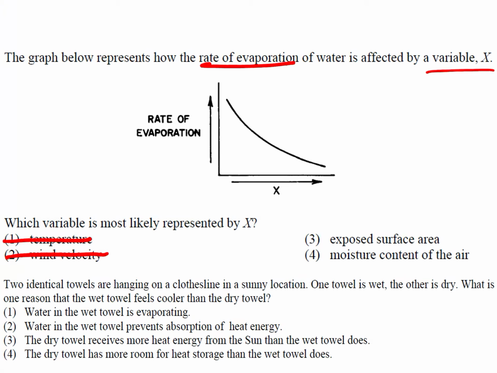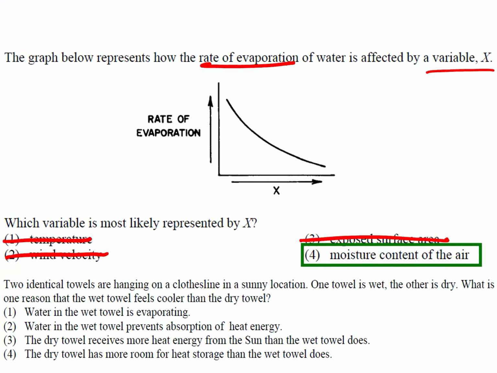If it gets windier, it increases the rate. If you have more surface area, it increases the rate. 4, there's your answer. If it's already really humid out and the water in the air is already saturated quite a bit with water, then it's not going to evaporate as much, okay?